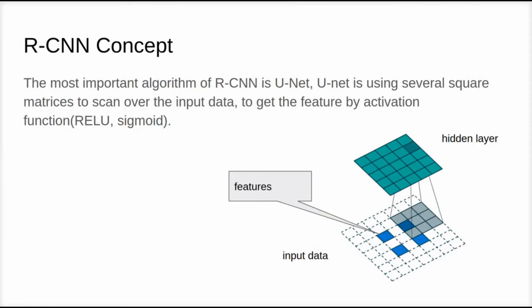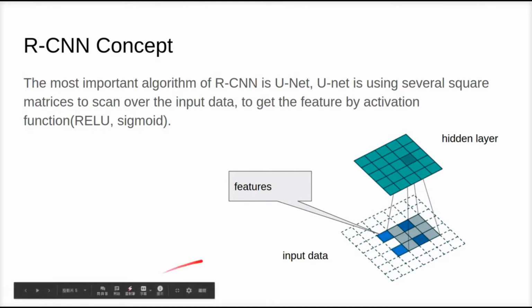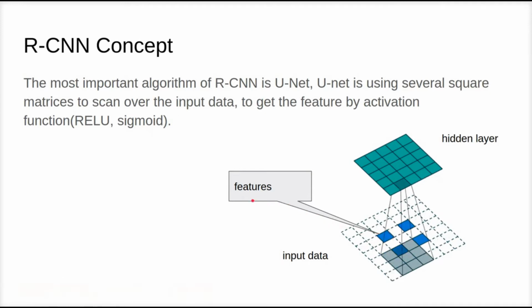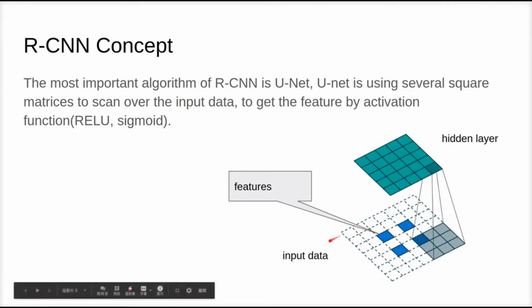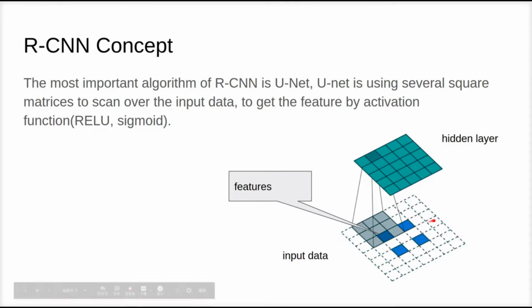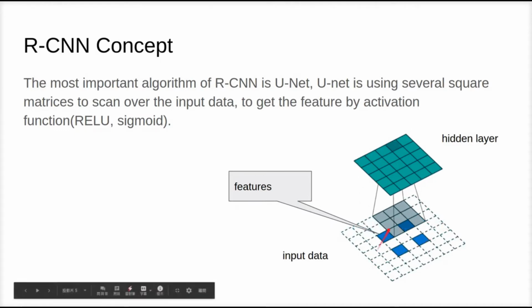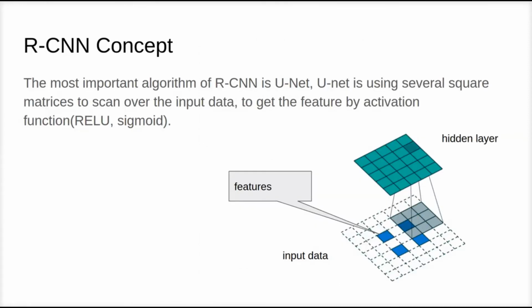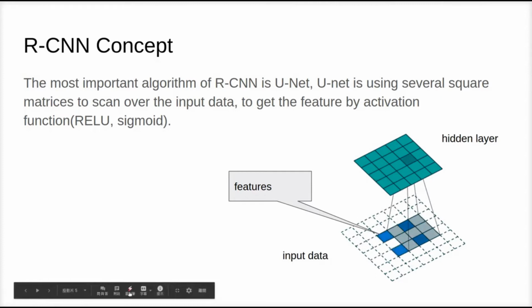The concept of the RCNN, region convolutional neural network, is that it has the most important algorithm, RCNN, which uses a square matrix to scan over the input data, which is the image, and gets the features like the blue dot and the hidden layer.